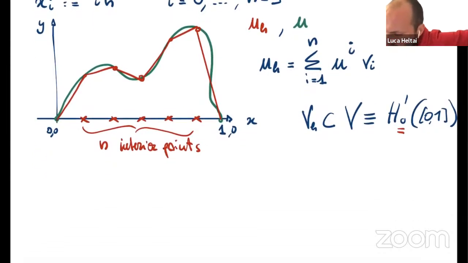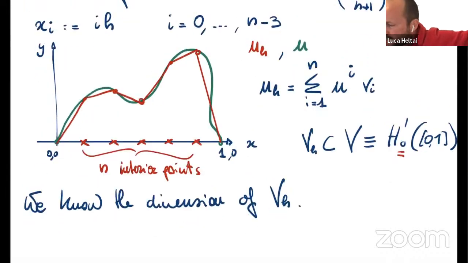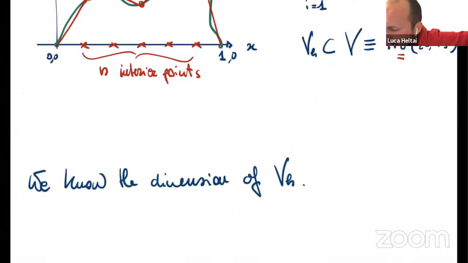So we know the dimension of Vh. Okay. Let's first define Vh and let's say how to construct this object. So let's define Vh to be what?